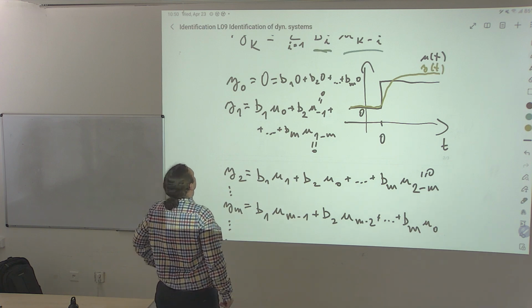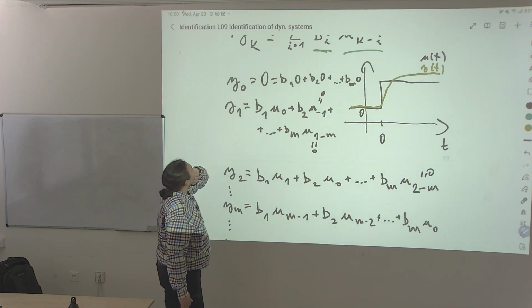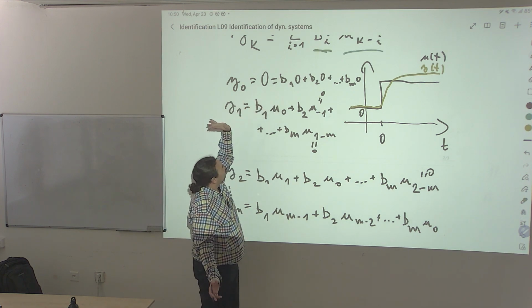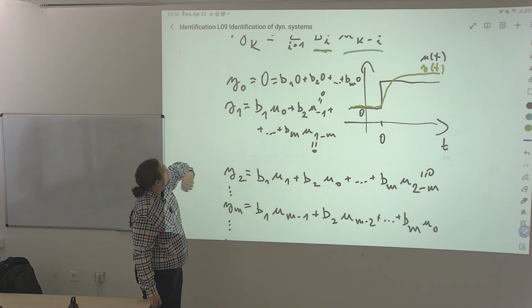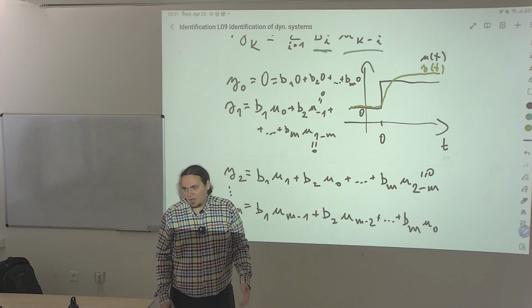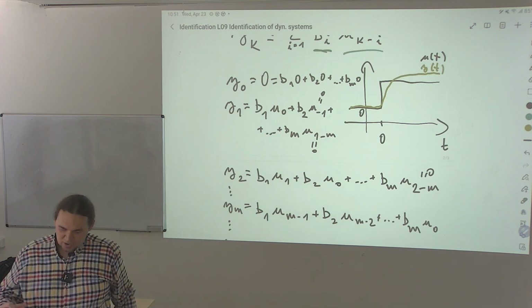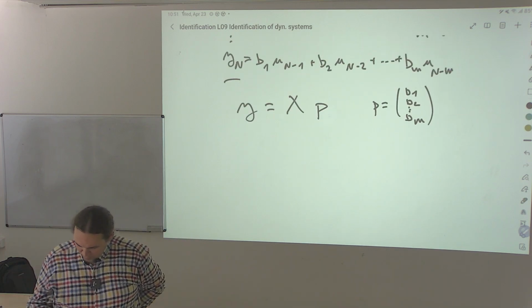Let's just put these equations into the matrix form.